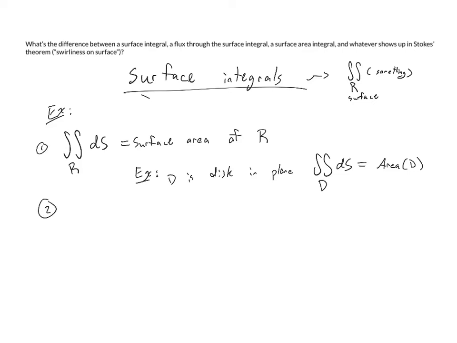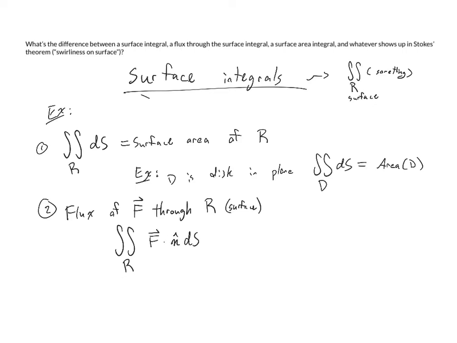Example 2, we talked about these flux integrals, which were a specific type of surface integral. The flux of a vector field F through surface R is going to look like a double integral over R, so over the surface, of F dot n hat dS.